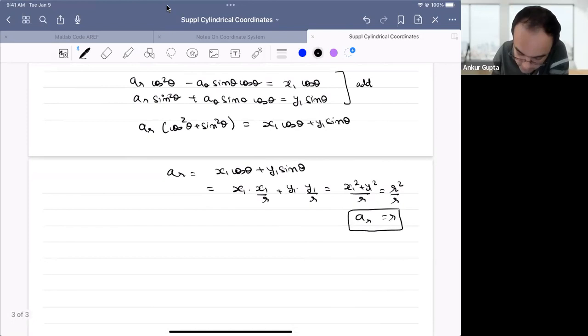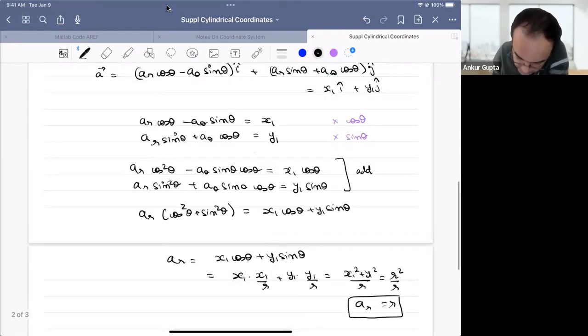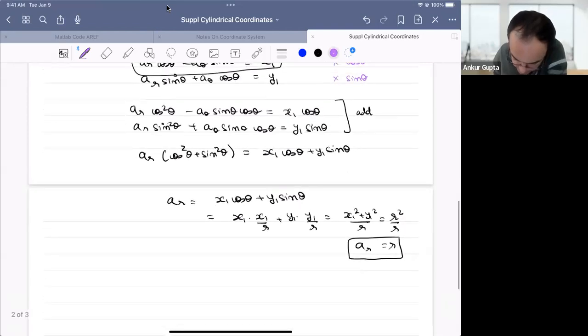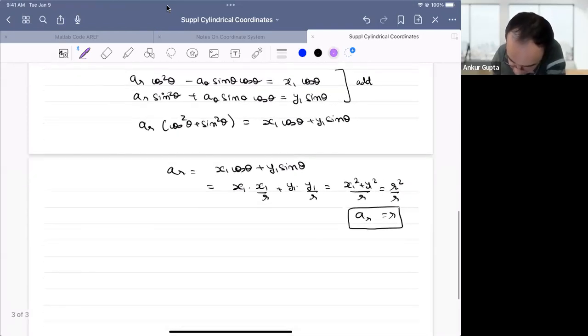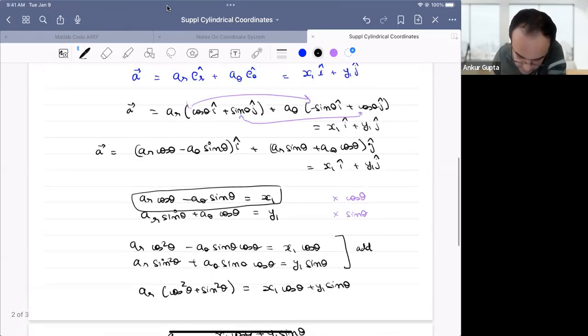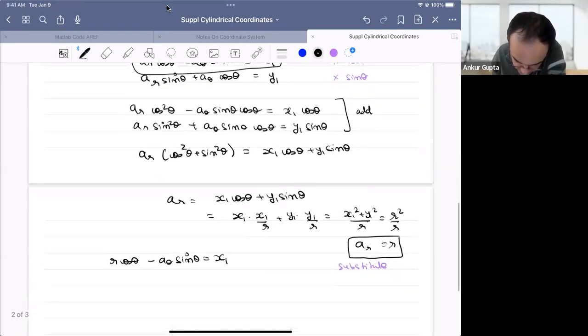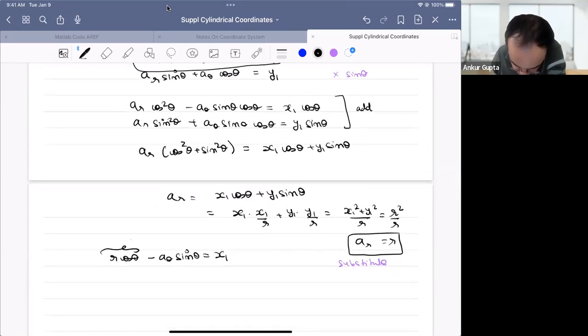Finally, we can use this to put it back in this equation. So A_r is equal to R, substitute back. So this becomes R cos theta minus A_theta sine theta is equal to x1, right? And remember again, cos theta is x1 by R. So this really is x1.